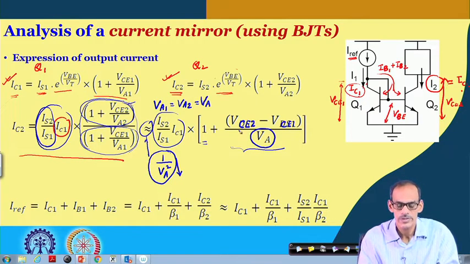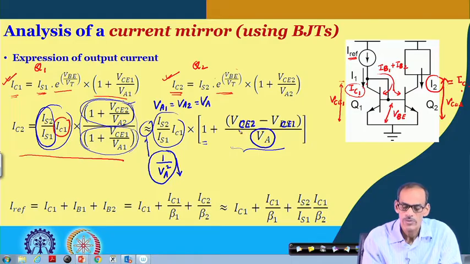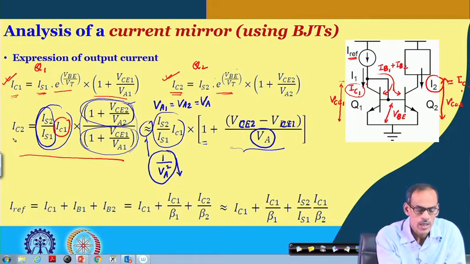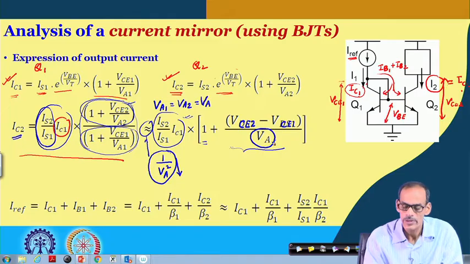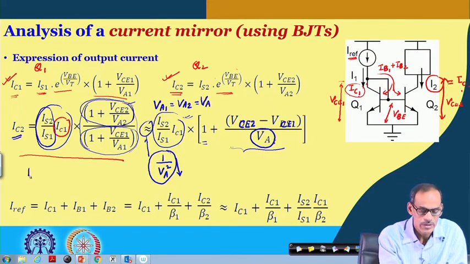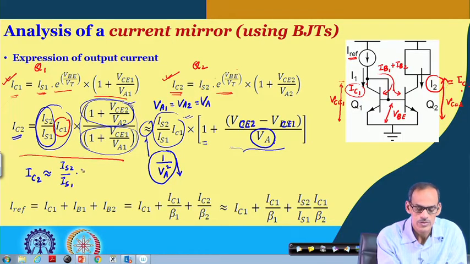Typically this early voltage is very high, and we may assume that IC2 is approximately equal to this one. So, dropping this part, dropping even the 1 by VA part, we can say that IC2 is approximately equal to IS2 divided by IS1 into IC1.